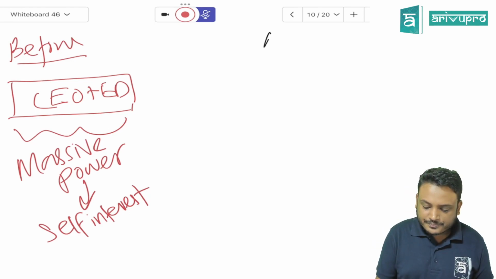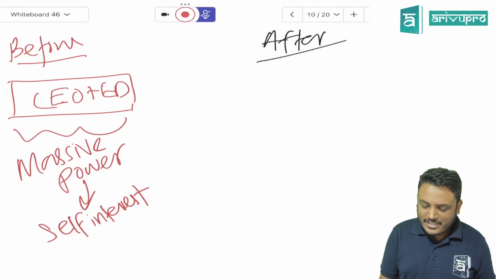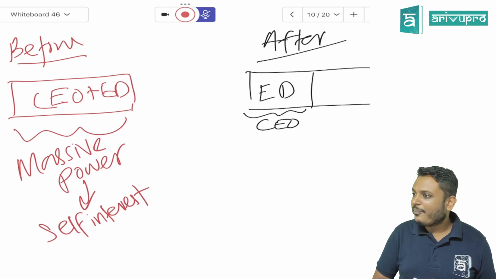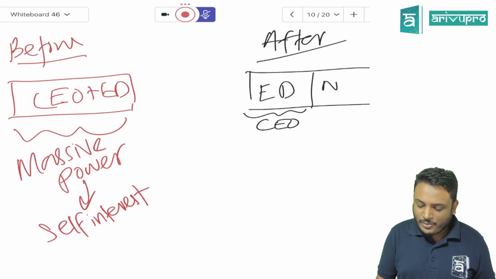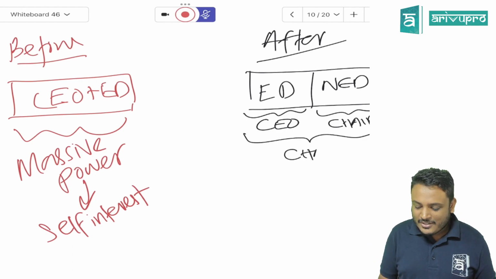Now, after applying corporate governance, the board is changing like this. Executive pillar headed by CEO. Non-executive pillar headed by chairman. Right? As a board, who is the leader? Chairman.